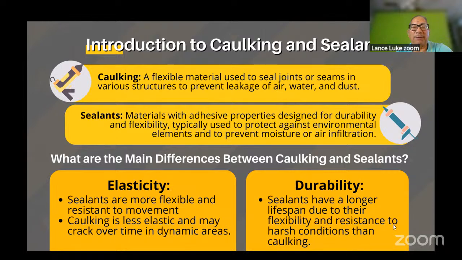The problem I see is a lot of people think it's in good shape and then they just paint over it and then it cracks more and now you have a more serious issue. The sealants last longer, they're durable, have a longer lifespan, they're more flexible, and they're more resistant to harsh conditions than caulking.